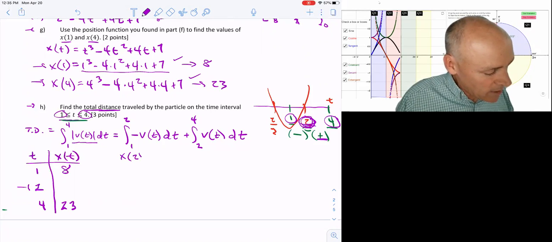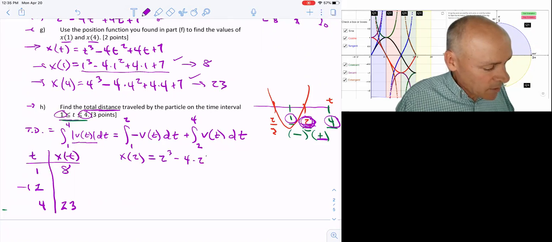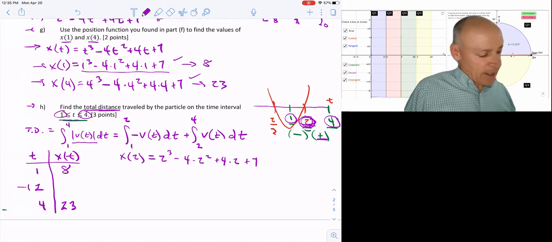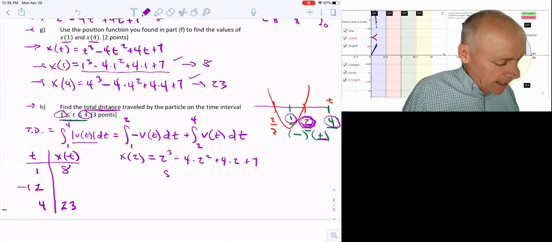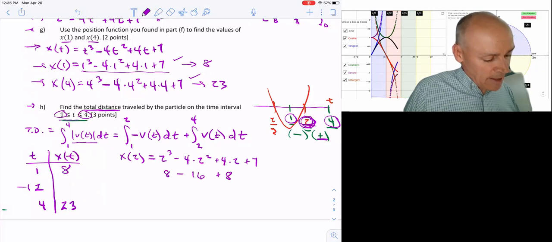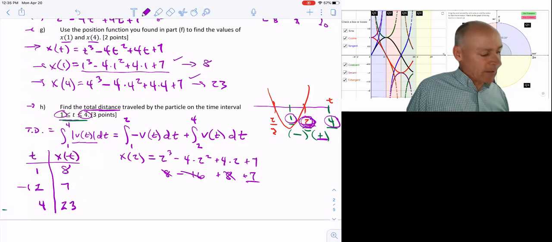So x at 2 is equal to 2 cubed minus 4 times 2 squared plus 4 times 2 plus 7. If we work that all out, we get 8 plus 8 minus 16 plus 7. 8 and 8 is 16, minus 16, so that works out to be 7.